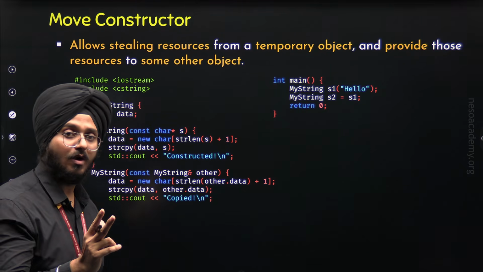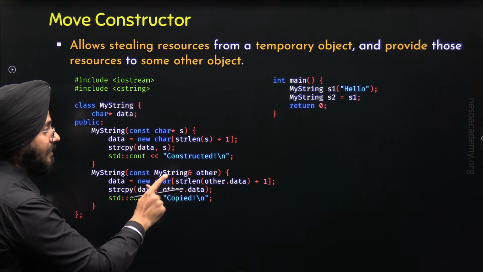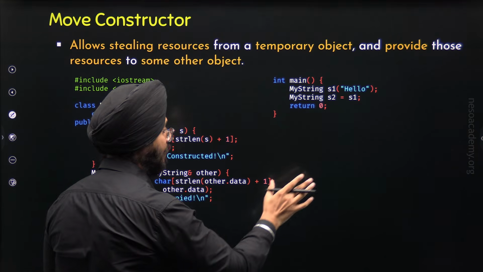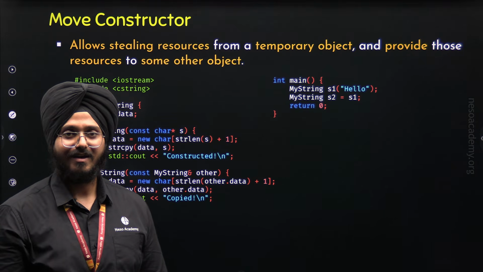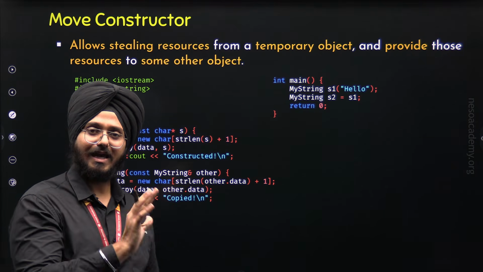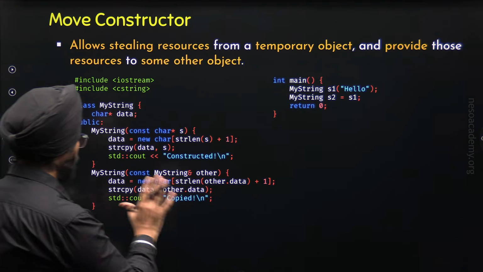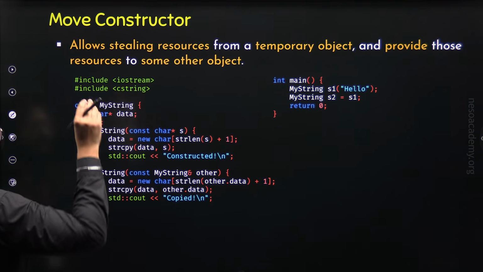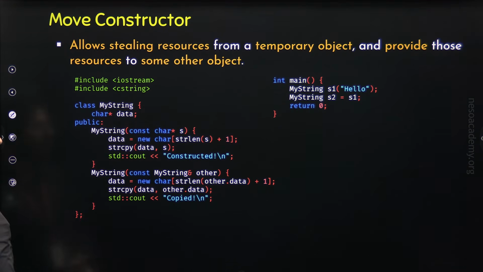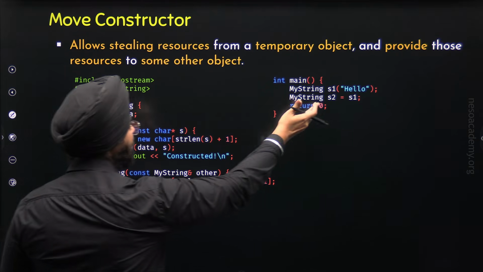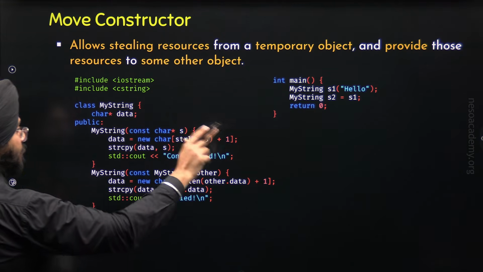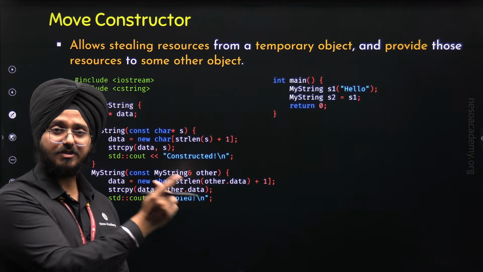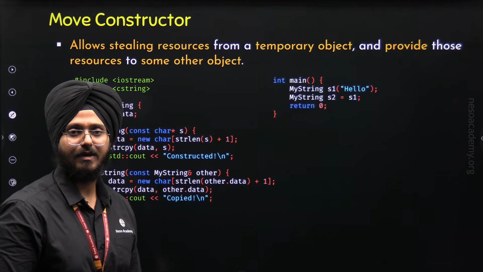So now we have two arrays. s1.data is pointing to an array with the string hello, and s2.data is pointing to another array, a new array with the string hello. Now I hope this is clear to you. In this way, I have performed the deep copy. We already know how to perform deep copy. Now s2 is the copy of s1, and "copied" will be displayed on the screen. This is the copy constructor.